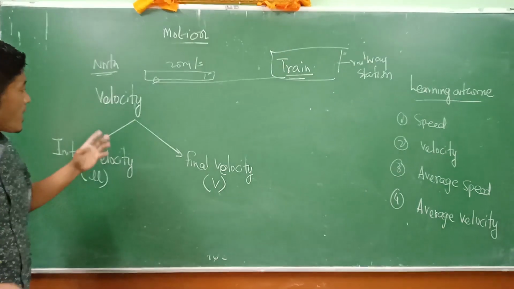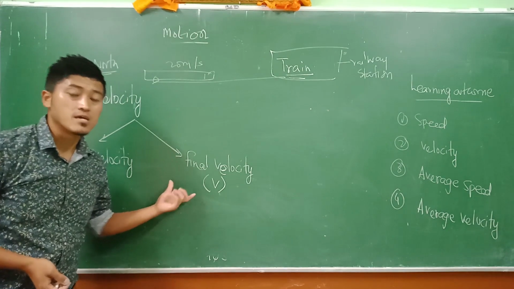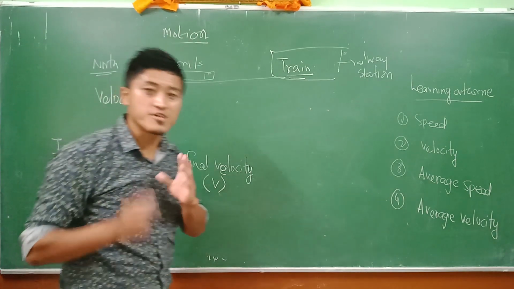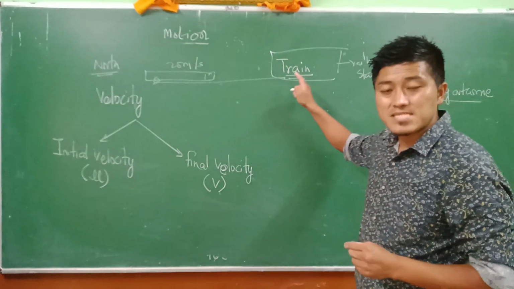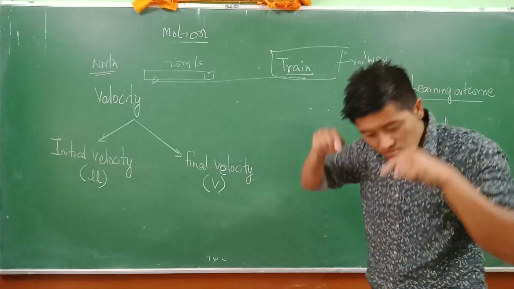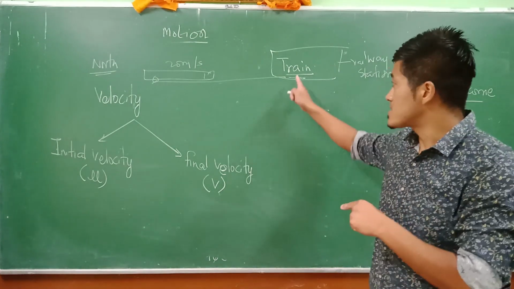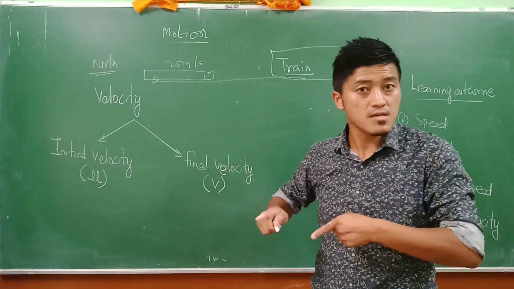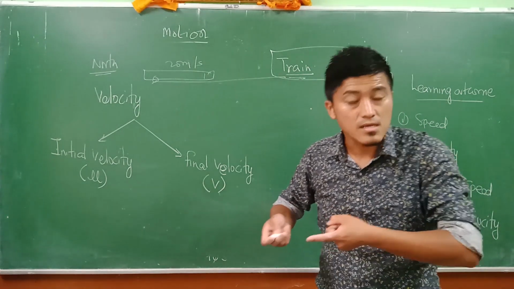Now, when you are asked to identify which one is initial velocity and which one is final velocity, it's important for you to think carefully and read the question carefully. For example here, a train is starting from a railway station. At the railway station, the train is at rest. Because as I mentioned, a train is starting means it is going to start now, but before starting, it is at rest.